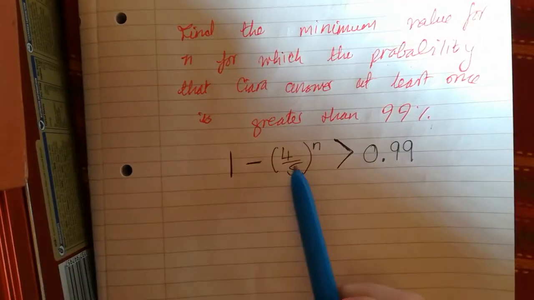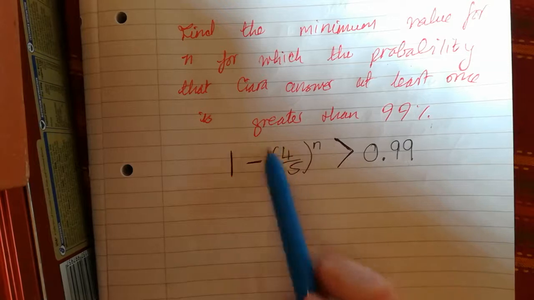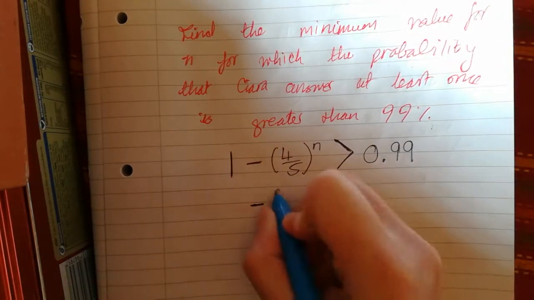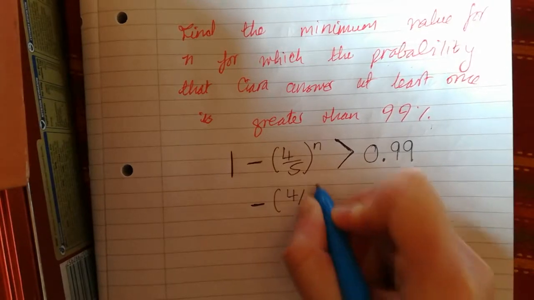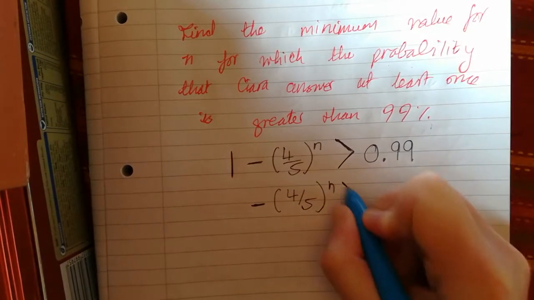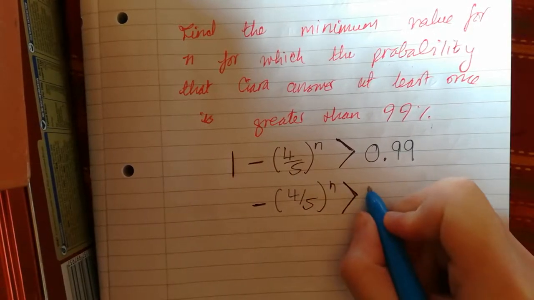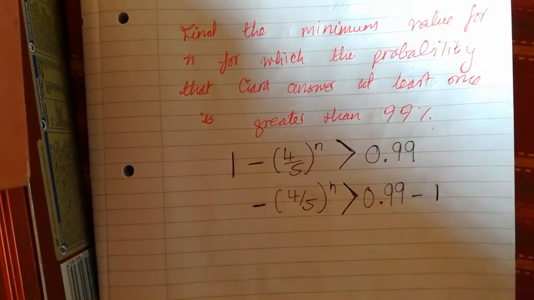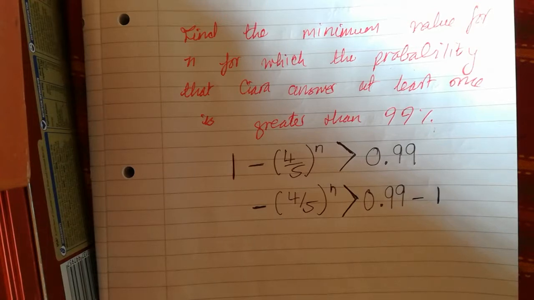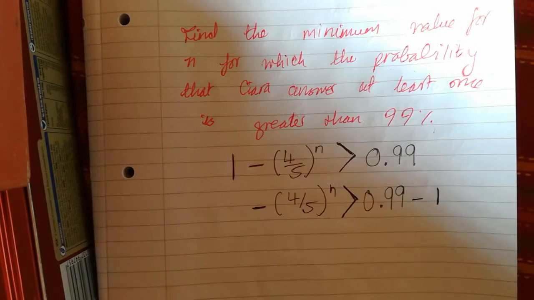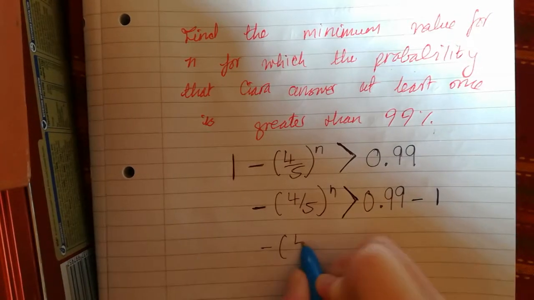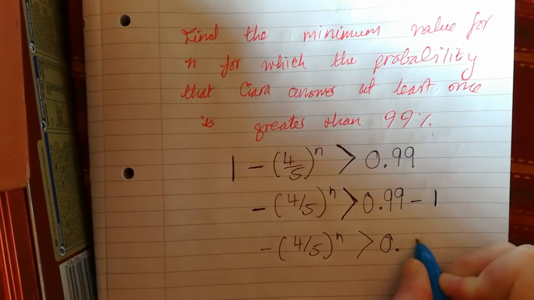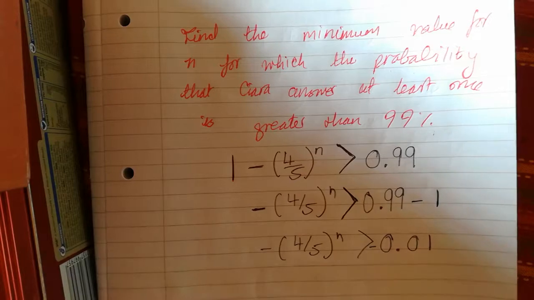If I want to get this on one side, I'm going to put this to the other side. So it'll be minus 4 over 5 to the power of n is greater than 0.99 minus 1, so minus 0.01.